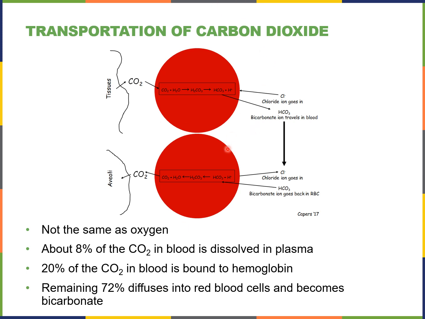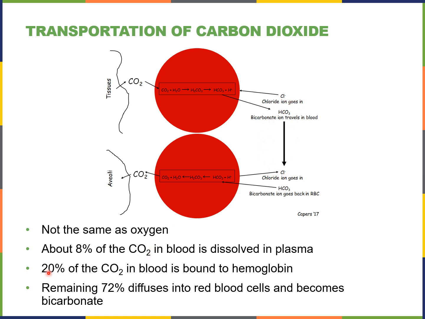I'm not going to go into the whole process of how CO2 is carried as bicarbonate, because it starts off as carbonic anhydrase within the red blood cells and then converts into carbonic acid and then dissociates into bicarbonate ions. It's a whole thing. I'm not concerned with you understanding how this chemical reaction is taking place.